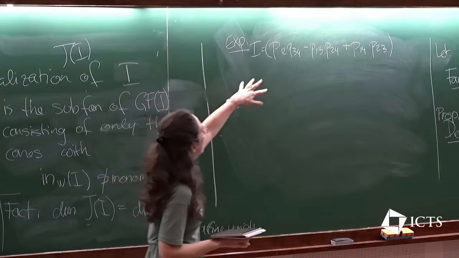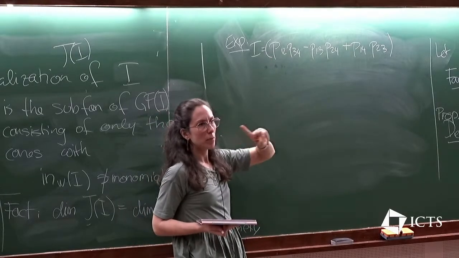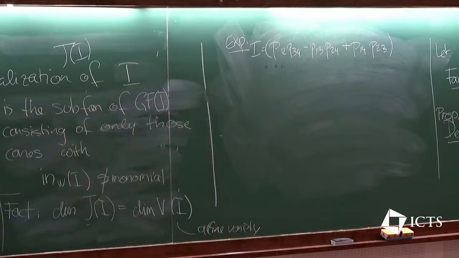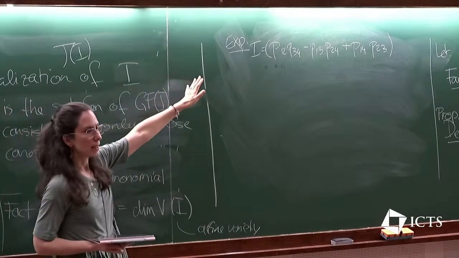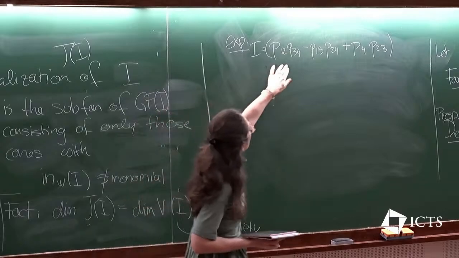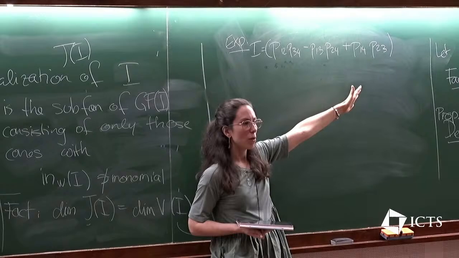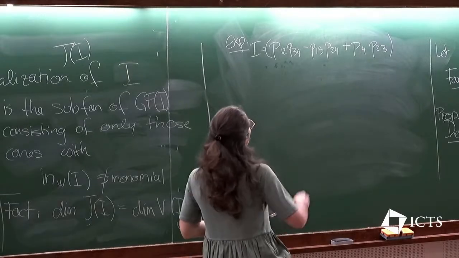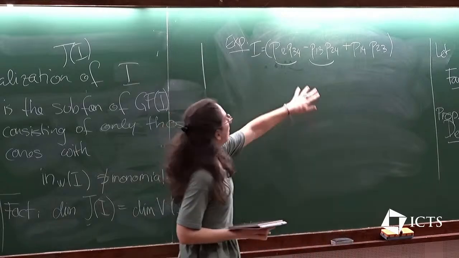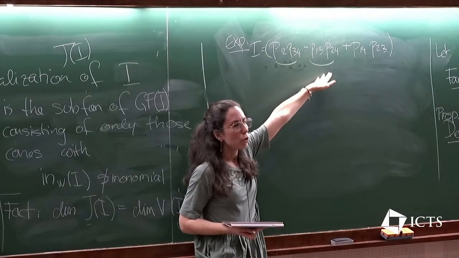And whenever my ideal is just generated by one polynomial, the maximal cones of the Gröbner fan are in bijection with the monomials. And this holds whenever the ideal is homogeneous. So here, every one of those corresponds to a maximal cone in the Gröbner fan. And if I have two maximal cones, one corresponding to this and one corresponding to this, then their intersection will correspond to the initial ideal generated by these two terms.